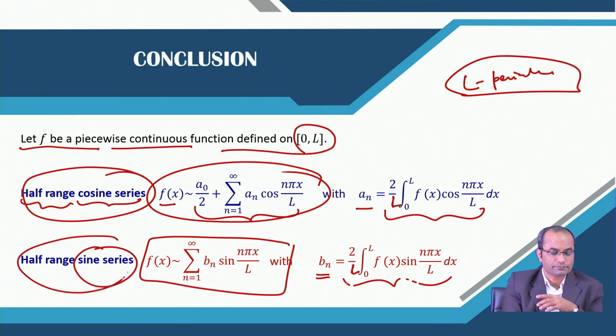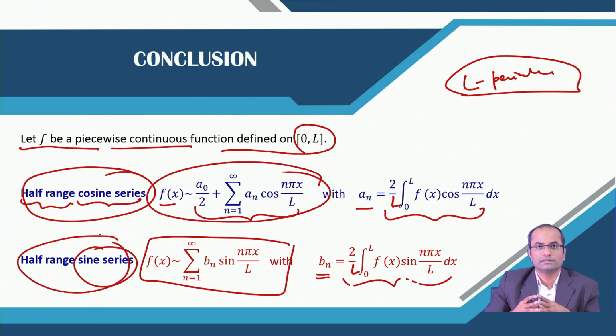Similarly, the half range Fourier sine series will converge to the function having period 2L, defined from minus L to L, and from minus L to 0 we will have the odd extension of the function which is defined in 0 to L.